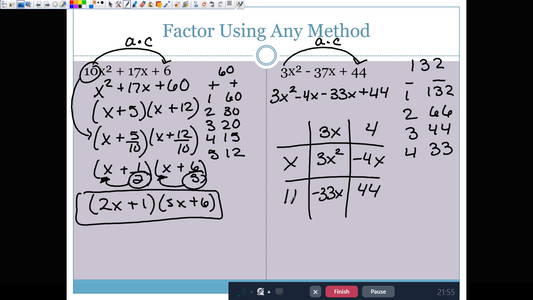Okay, and we know both of them are going to be negative though. So this is why the box method is a little confusing here, because I didn't have the 2 negatives to pull out. But we know that it's negative, negative, correct? So that's why sometimes the box method can get confusing, because I couldn't pull out a negative out of both, even though there are 2 negatives. So I'm going to have 3x minus 4 and x minus 11.